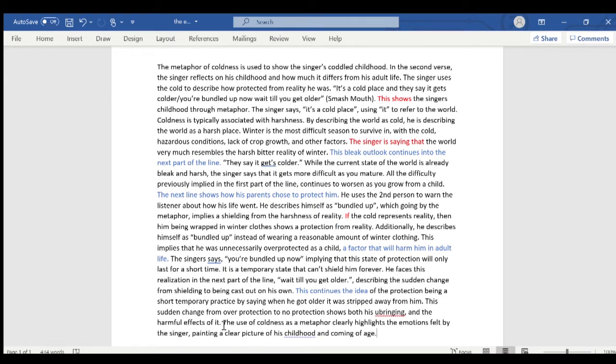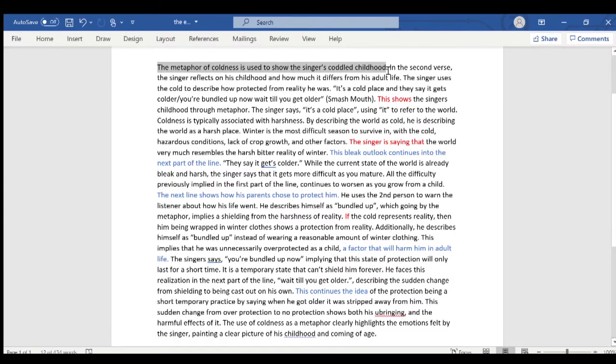So I have this claim up here. The metaphor of coldness is used to show the singer's coddled childhood. That is going to be solely what this quote is about. I'm not going, I was thinking to myself while writing this, I could go into talking about how there's evidence in this quote of it showing how it harms him in adult life.